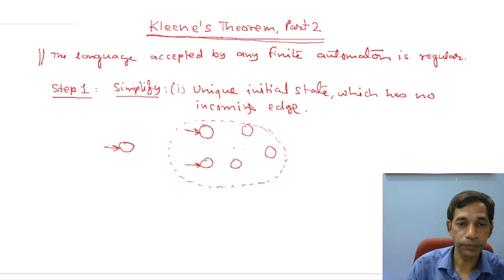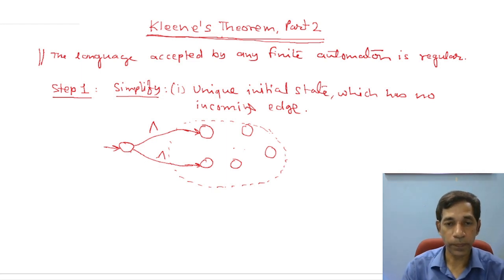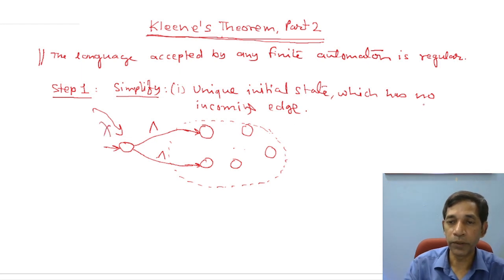So you can make a transition from the unique initial state to the other initial states by using null. You have only one initial state, and no other edges are entering this initial state. That's why it is mentioned that it has no incoming edges.